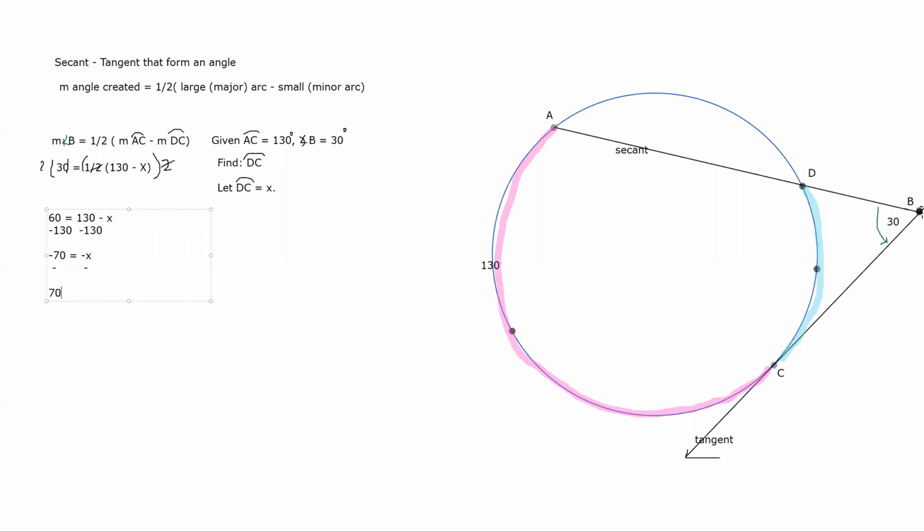Those cancel. 70 equals X. So we have just found the measure of arc DC to be 70 degrees.